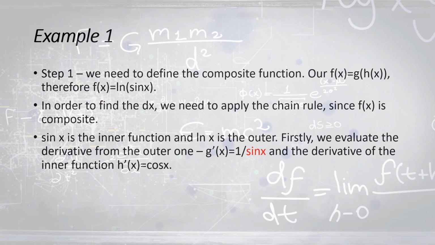In order to find the derivative, we need to apply the chain rule, since f of x is composite. Sine x is the inner function, and natural logarithm of x is the outer, as I said before. Firstly, we evaluate the derivative of the outer one, so g prime of x equals 1 over sine x, and the derivative of the inner function h prime of x equals cosine x.